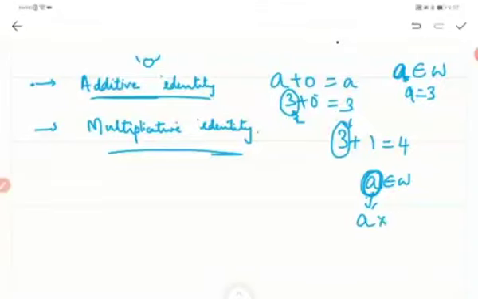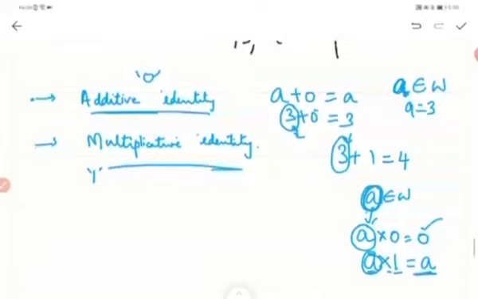If I multiply a with 0, it is totally losing its identity, you're getting output 0. If I multiply by 1, you will get its identity, that is a as it is. That means it is not losing its identity if you're multiplying it by 1. So that's why we say your multiplicative identity is 1.